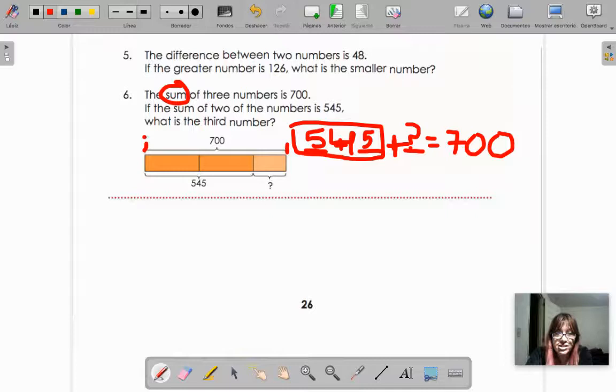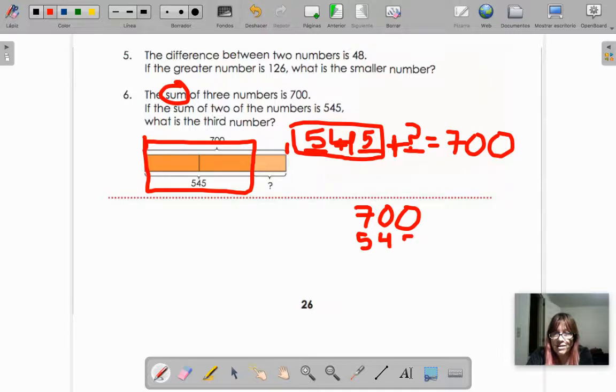So let's just, to the 700, take away. Imagine you eat all this, and you are going to be left with the answer. That means the real thing you have to do is 700, that's the whole thing, and take away the parts that we know, 545. And when you take it out to the 700, you end up with the part that we don't know.